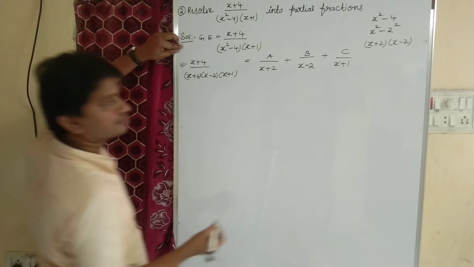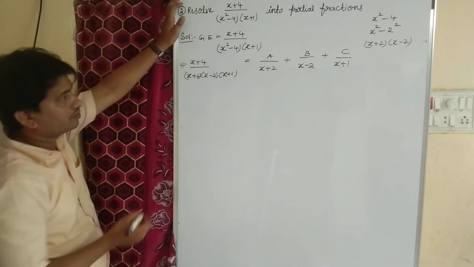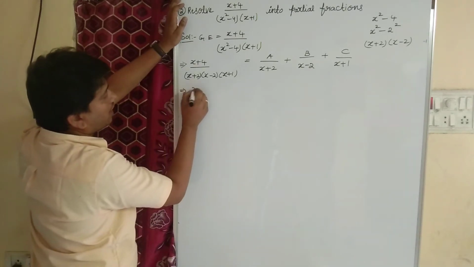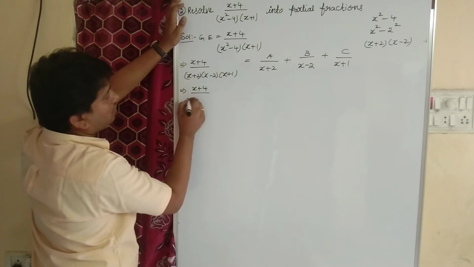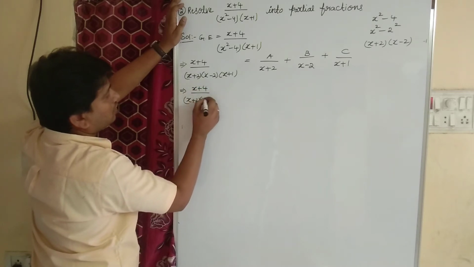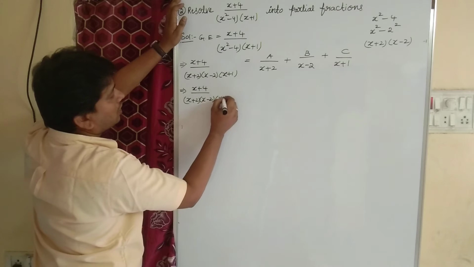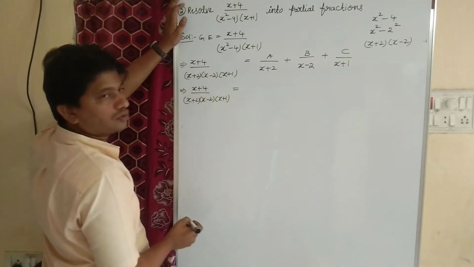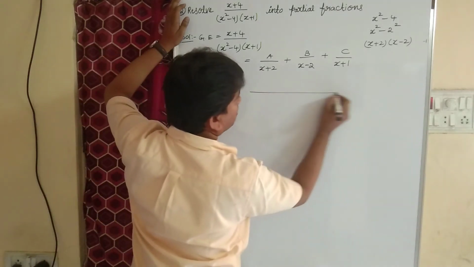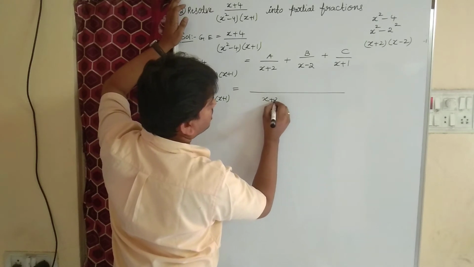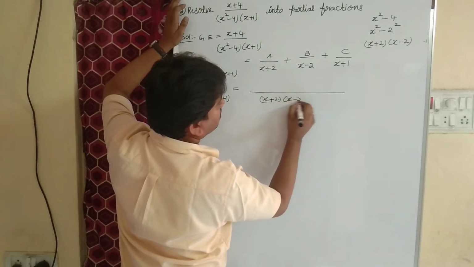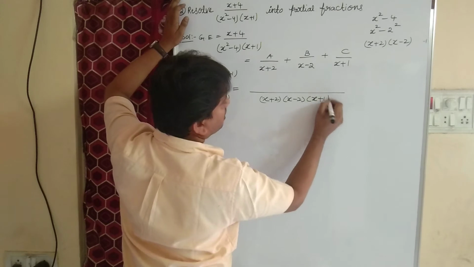Okay, children, is it clear? Now as it is, you write down x plus 4 by x plus 2 into x minus 2 into x plus 1 equal to, what is the LCM, children? X plus 2 into x minus 2 into x plus 1.